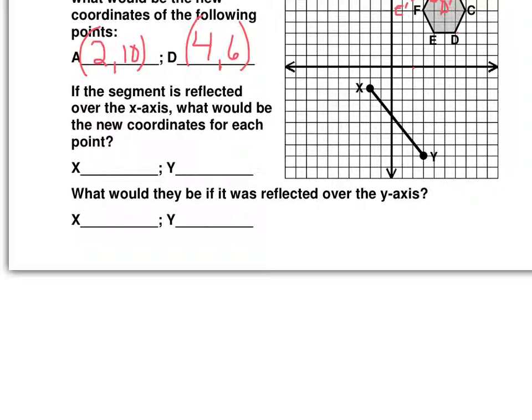Actually, we're doing it over the x-axis first. So if I want to reflect this over the x-axis, well, where is the x-axis? The x-axis is right there. So I want to reflect the x over this axis. Notice that it's 2 points down, so I'm just going to make it 2 points up. So this would be x prime, the new point x.